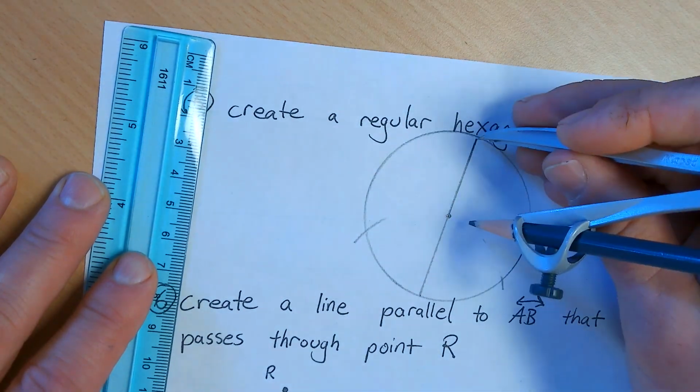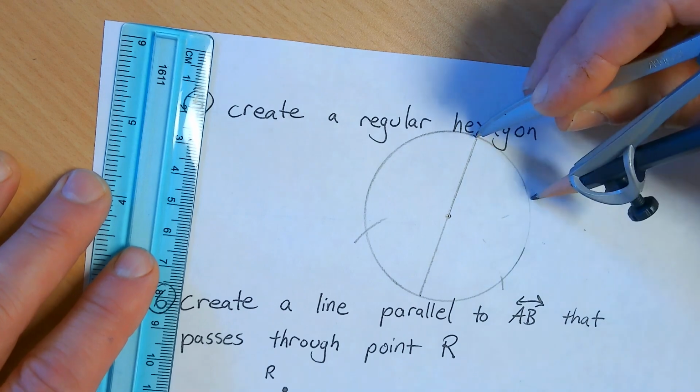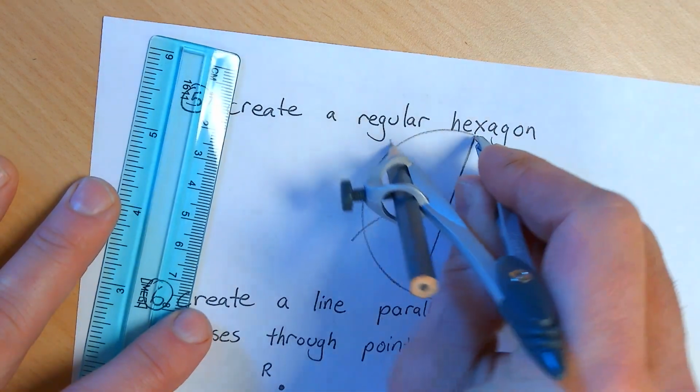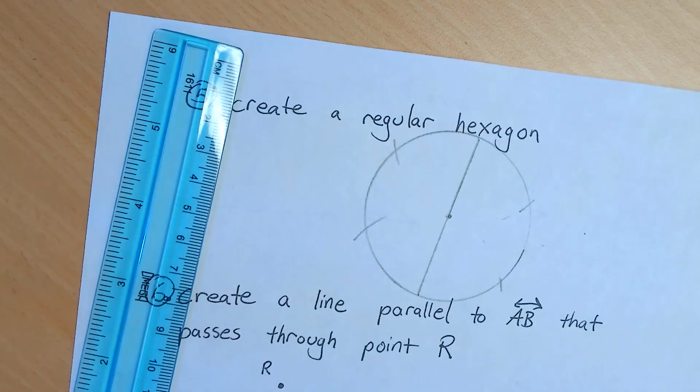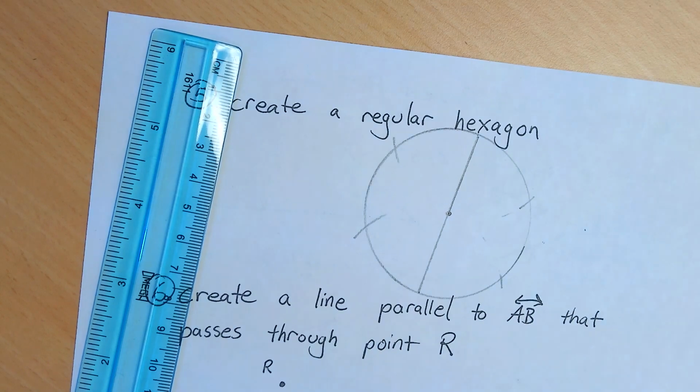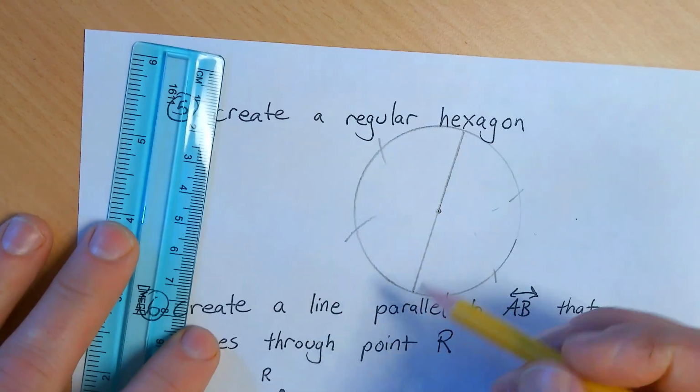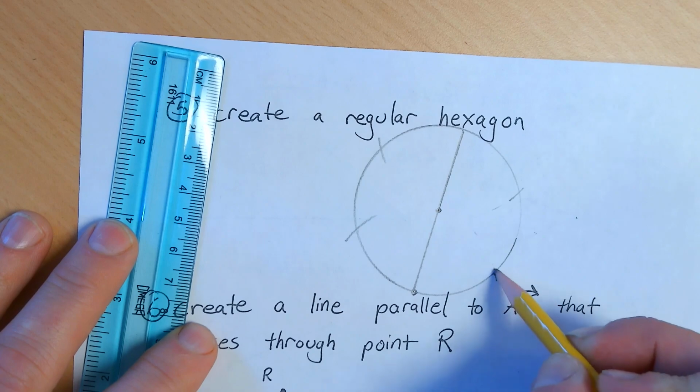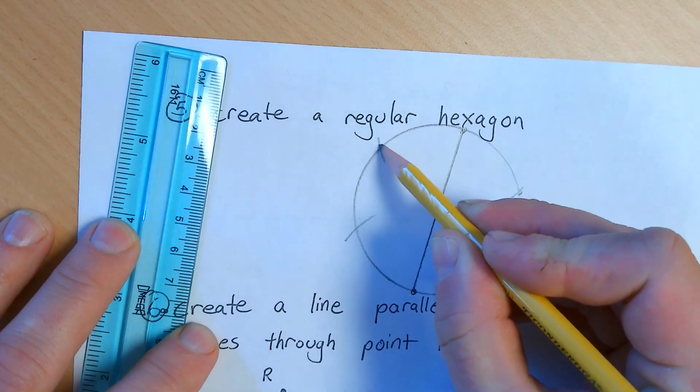You can also go all the way around, marking them off, but using a diameter to kind of cheat is a little bit faster. You've got to remember that these are your 6 points. 2 of them are on the ends of those lines.